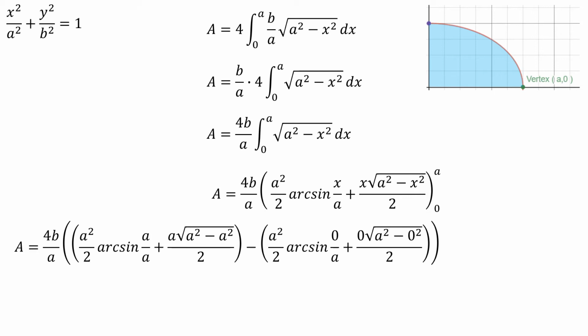Of course, then I have to subtract the answer from when I plug in the other number. So when I plug in 0, arc sine of x over a becomes arc sine of 0 over a. The x in front of the square root becomes a 0. The x squared inside the square root becomes 0 squared.